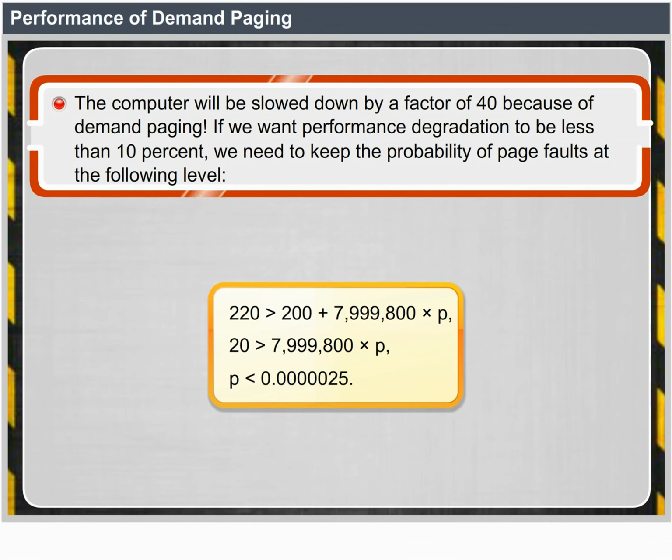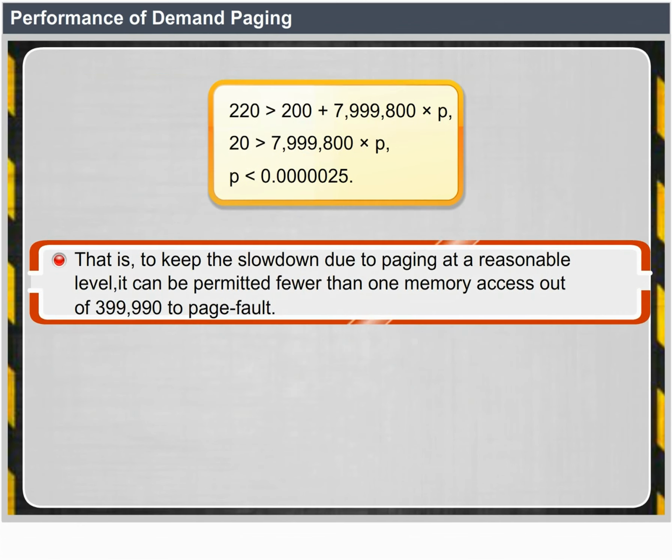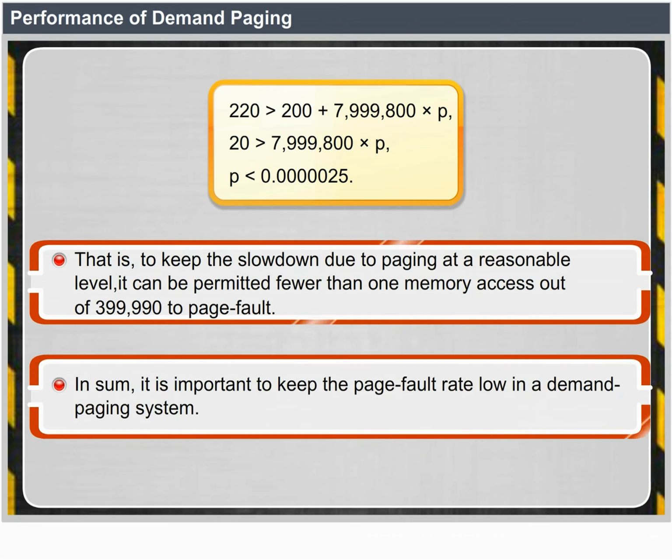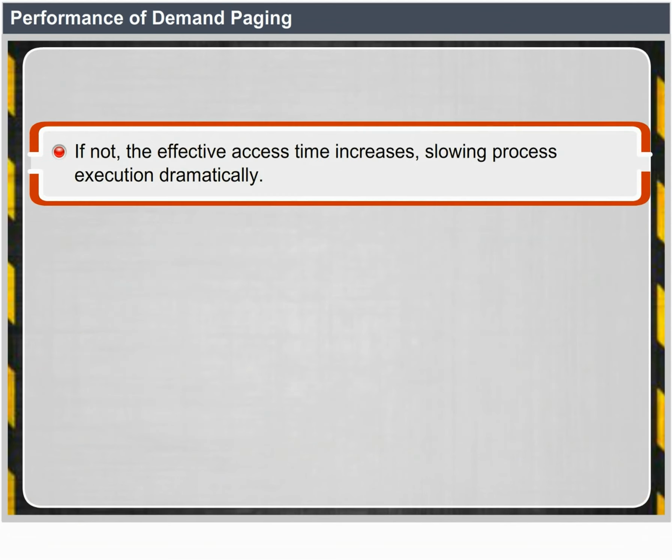That is, to keep the slowdown due to paging at a reasonable level, we can allow fewer than one memory access out of 399,990 to page fault. In sum, it is important to keep the page fault rate low in a demand paging system. Otherwise, the effective access time increases, slowing process execution dramatically.